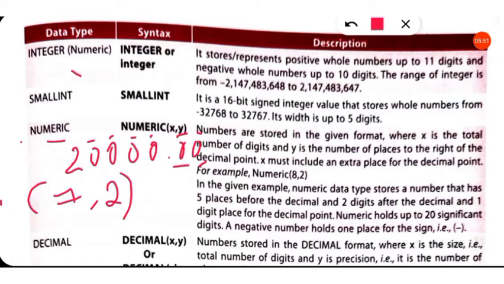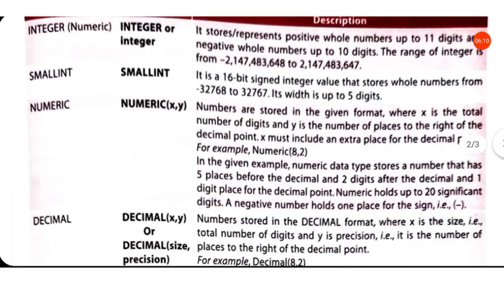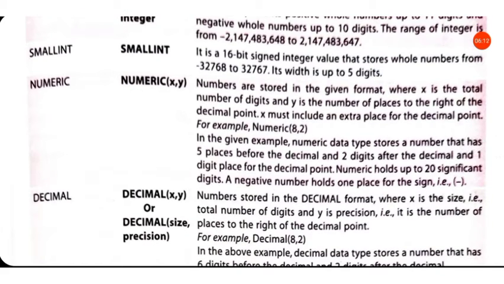For specifying data in a format like this, where total 7 digits should be there and after the decimal point only 2 digits should be there, for such cases we can use numeric data type. In numeric data type we have to specify the total digits and the digits after the decimal point.